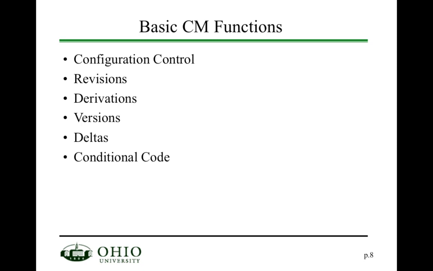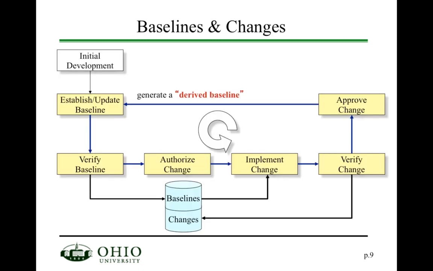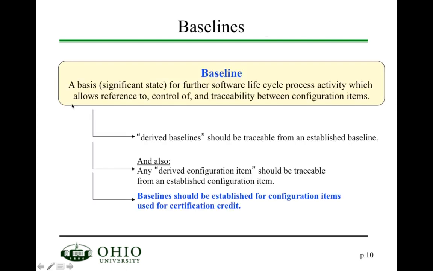Okay, some basics. I'm not actually going to mention what these are. We're just going to look at the block diagram on the next page. So suppose we start some initial development of a particular configuration item, like say the high-level requirements document. At a certain point in the life cycle, we need to establish a baseline. A baseline is like a basis, a significant state for further software lifecycle process activity.